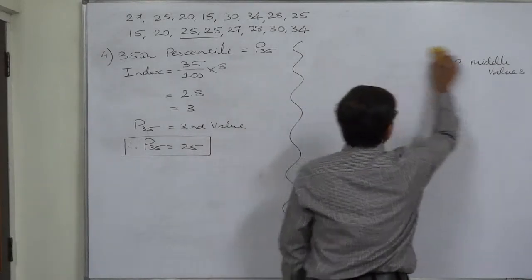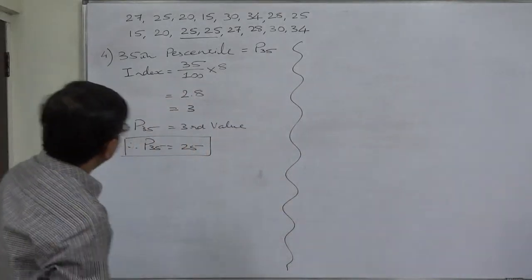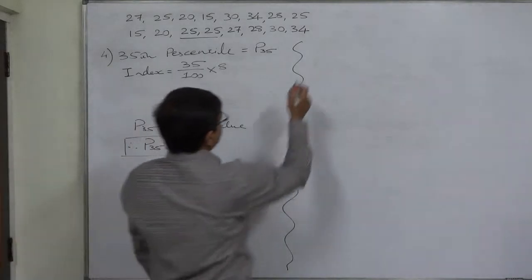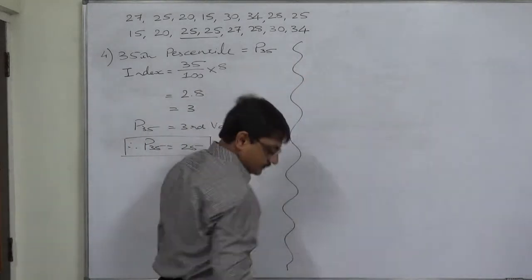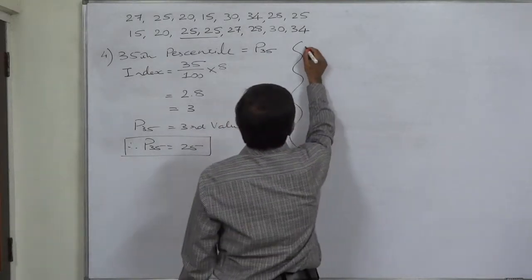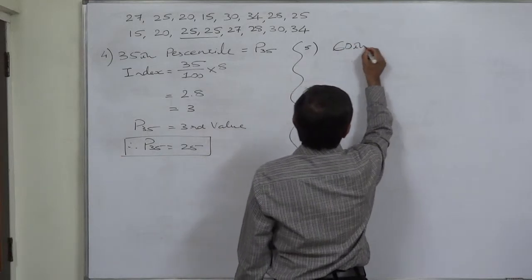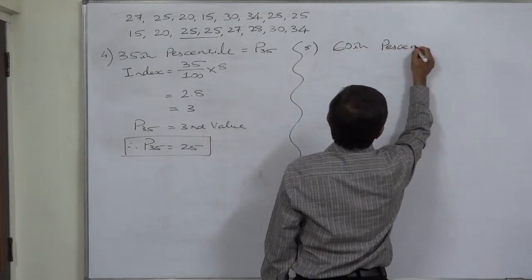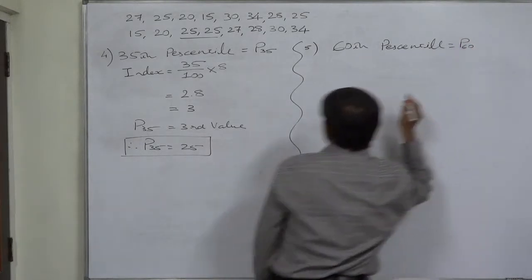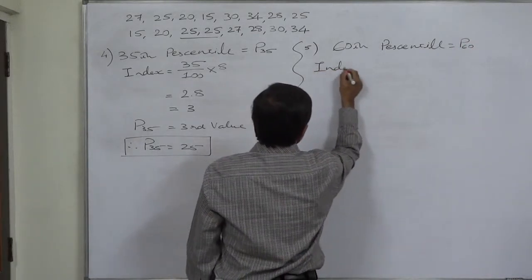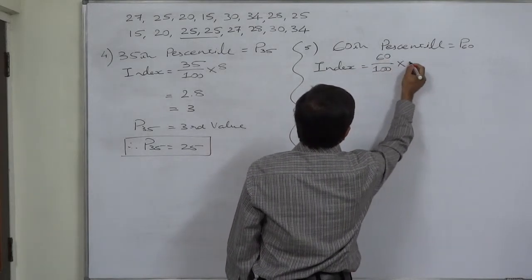In a similar way, we can find any percentile. Let us find the 60th percentile, that is P60. Again the index, but now it will be 60 upon 100 into n.